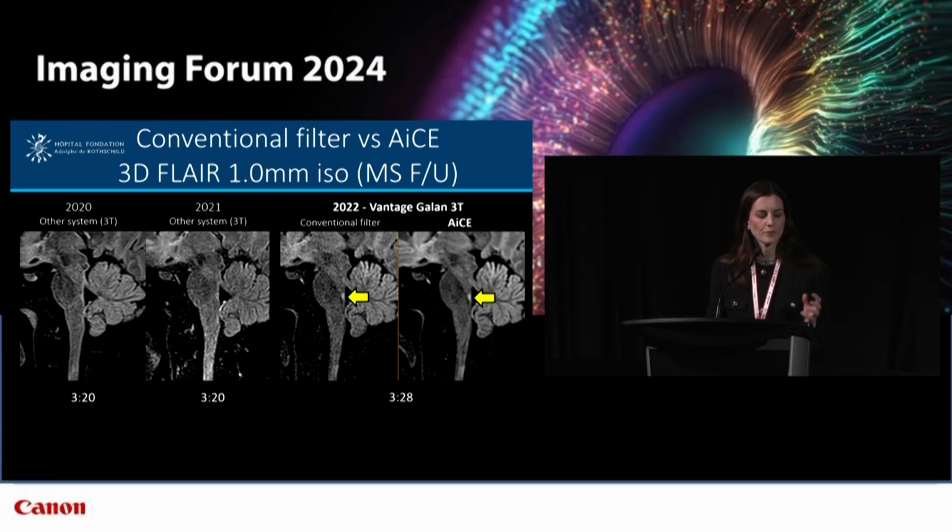This series of images in the sagittal plane are the follow-up of an MS patient over the course of 3 years. The first two images are from another system, and the two on the right are with the conventional filter and ACE from our 3T Vantage Galan magnet.